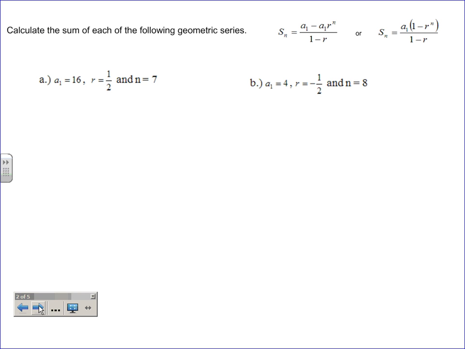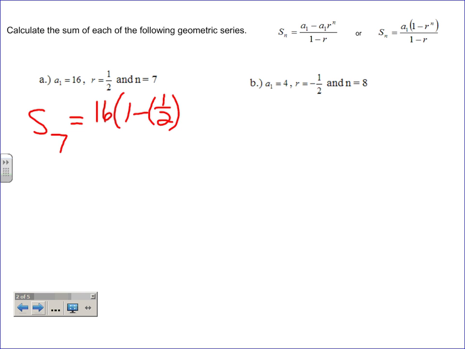So if I'm going to substitute that in, we're going to be saying, okay, it's the sum of the first 7 equals, and then you put a sub 1 in, which is 16, and 1 minus whatever r is, which is 1/2. A lot of times I like to put parentheses around r. You don't really have to, but I like to do that because it really focuses my attention on r.